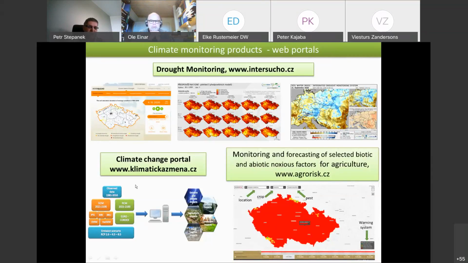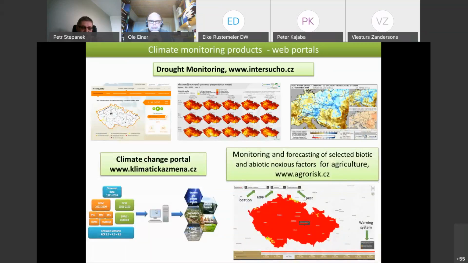Further, climate change portals where we created and presented products based on EURO-CORDEX regional climate models or global climate models, and products created for various human fields like hydrology, agriculture, landscape management, ecology, and so on.